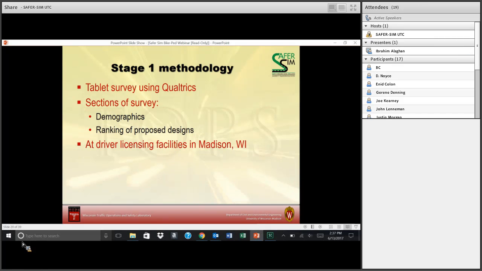What we did is, first we had the Windows Surface tablet, and we used it through Qualtrics. But when we changed it from Surface to iPad, we found people liked it much better than Surface.